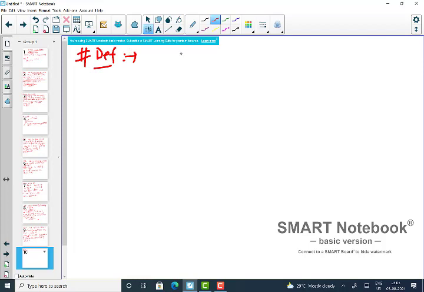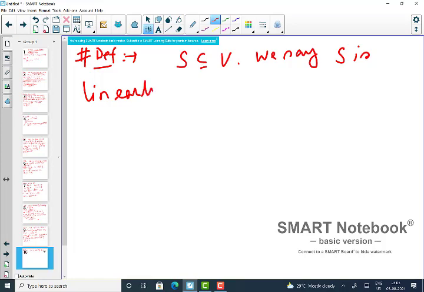So we start with a set S, some subset of V. We say this is linearly independent. I'm not assuming S is finite or infinite. It can be anything.